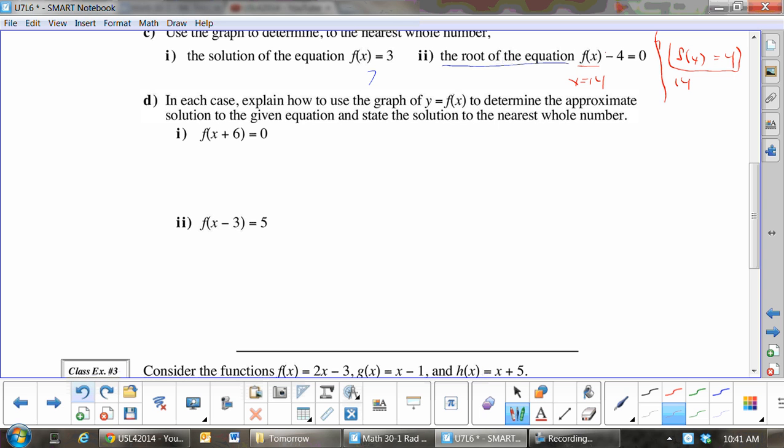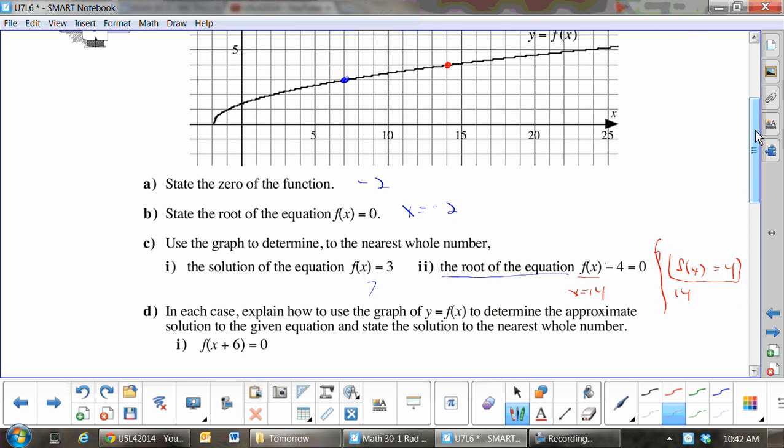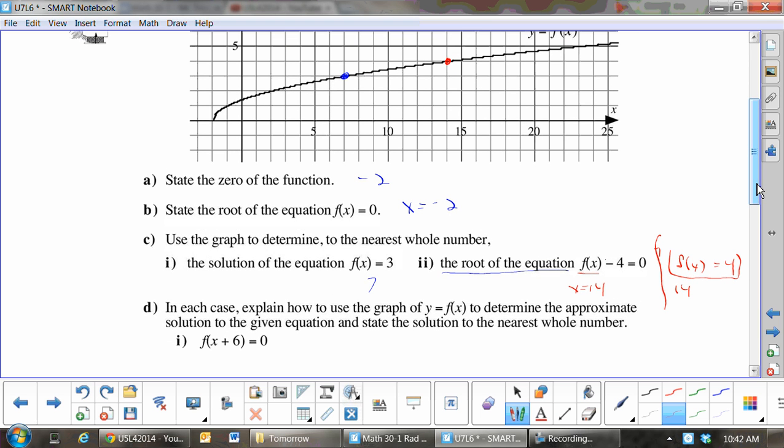Now, how am I going to deal with this one? F of x plus 6 equals 0. Okay, so I'm going to take this thing and move it 6 left. So when is it going through right now? At negative 2.